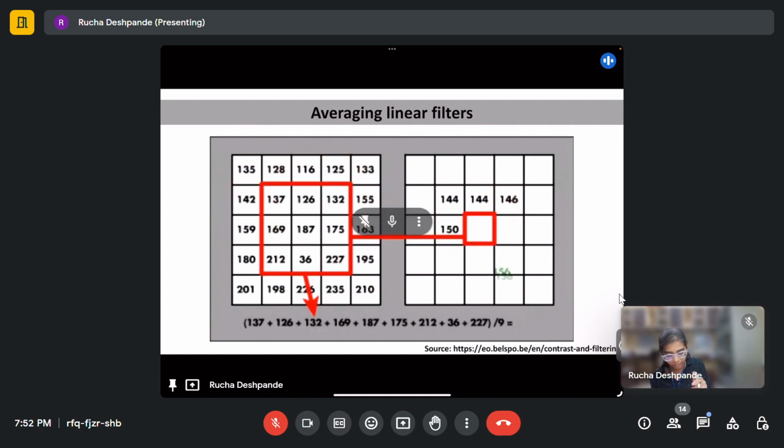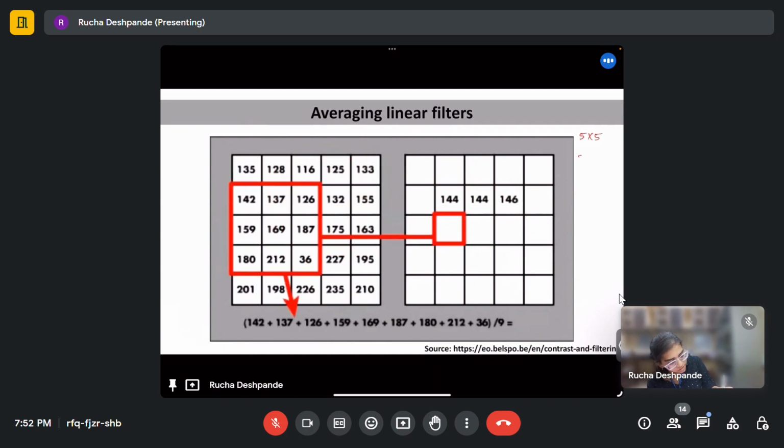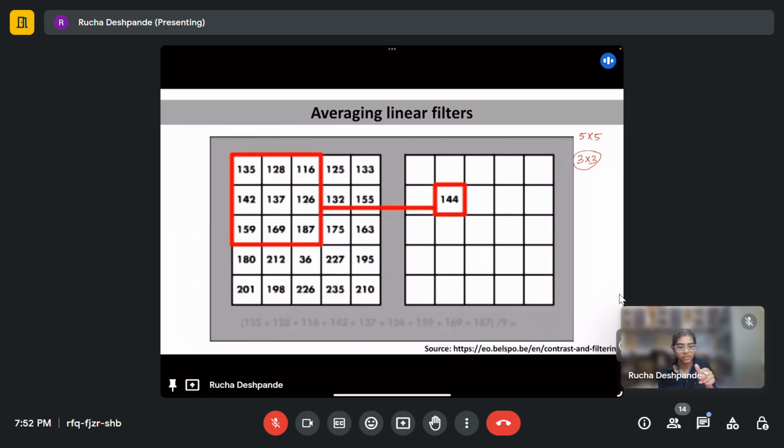Here this kernel is moving across the image. This is a 5 cross 5 image, and the kernel size is 3 cross 3. It will take the average of all the 9 pixels, moving across the image from top to bottom, taking the average of all the pixels lying in that 3 cross 3 area.